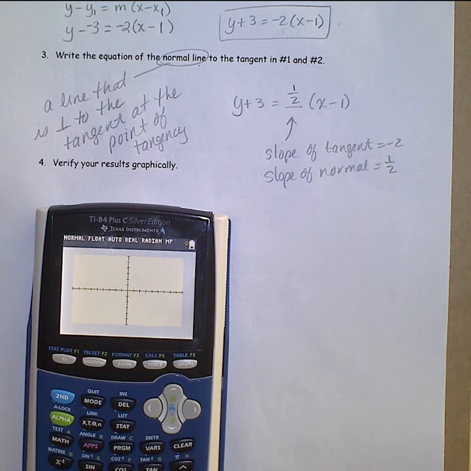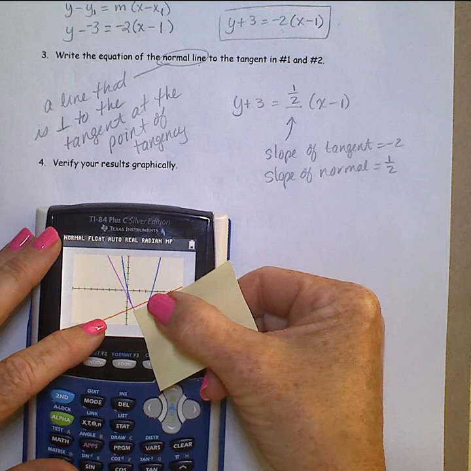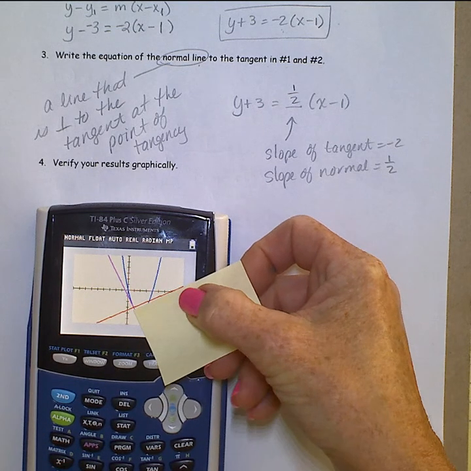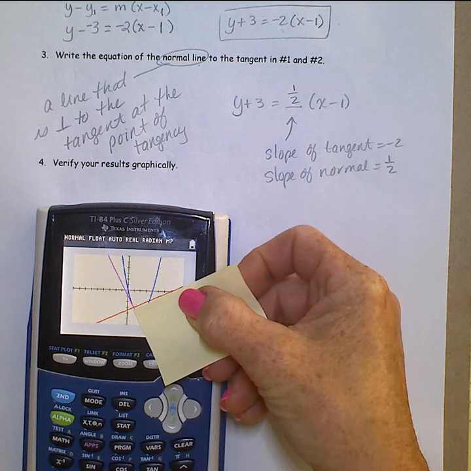Now graph. The parabola looks the same, but the perspective changes. There's the tangent, there's the normal. Now do they look perpendicular to each other? Absolutely, they do, and it fits that corner. Does that make sense? Yeah?